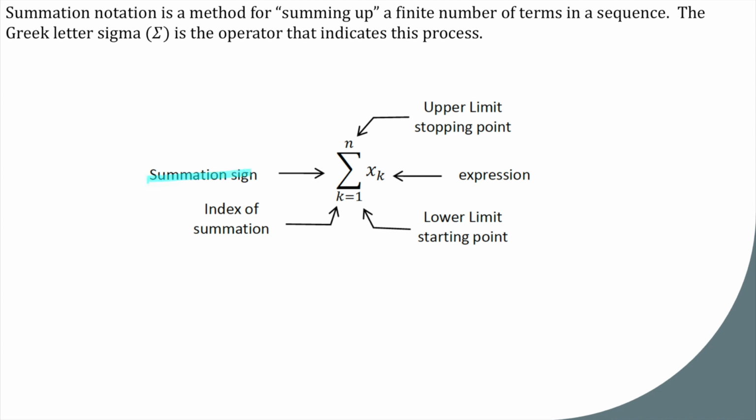Our summation sign is this guy in the middle here. On the bottom, the letter is the index of summation. The number that goes with it is our starting point. On top is our ending point. And then the expression is like the body of our whole system here.